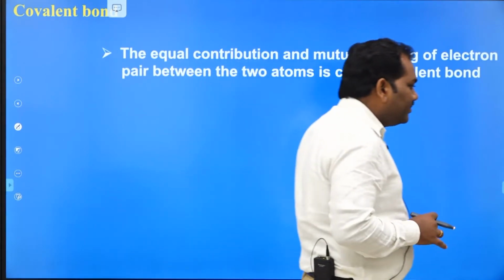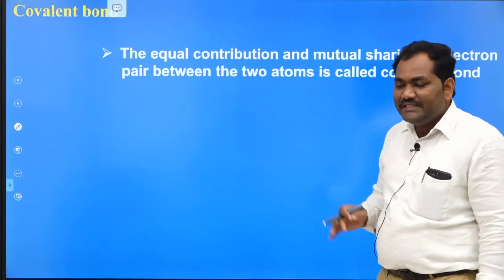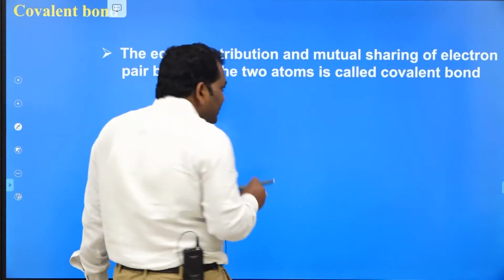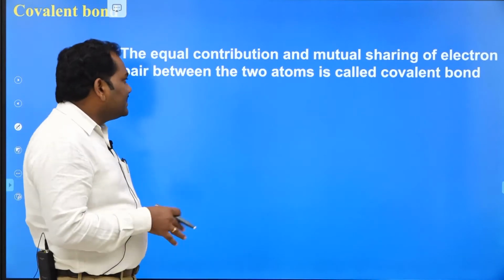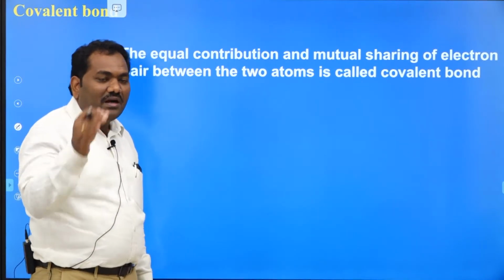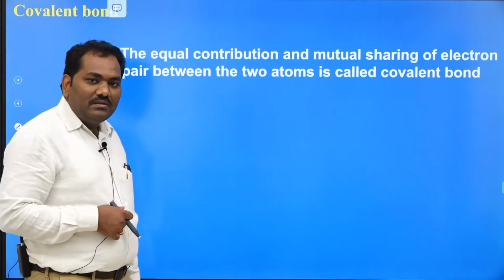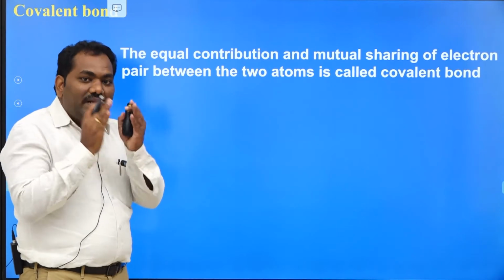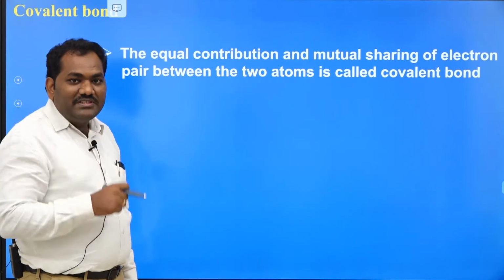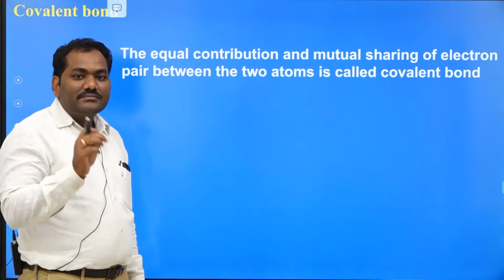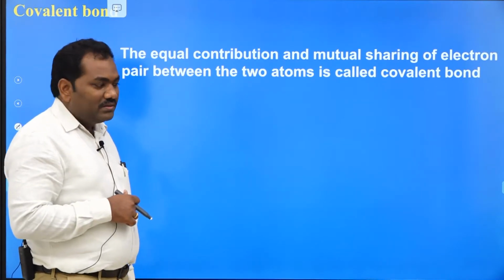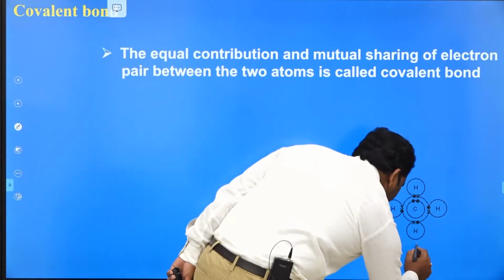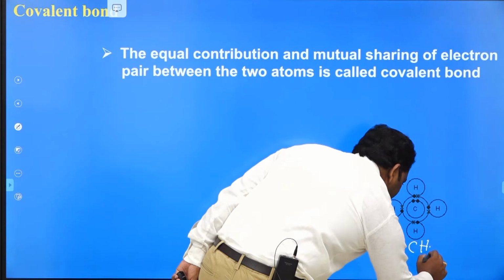What is covalent bond? Covalent bond is simply defined as the equal contribution and mutual sharing of electron pairs between two atoms. Mutual sharing and mutual contribution of bond pair of electrons between the two atoms in a molecule is called covalent bond. Here, for example, is the molecule CH4.